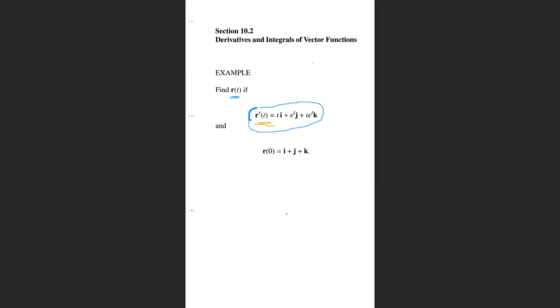And we want to solve for it if we want a unique value for this position vector r of t. And that's why you're given this initial condition. At time equals 0, our position vector will have coordinates 1, 1, and 1. Okay, so let's go ahead and integrate this derivative vector.